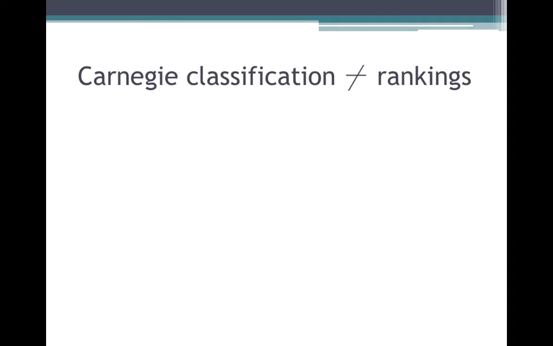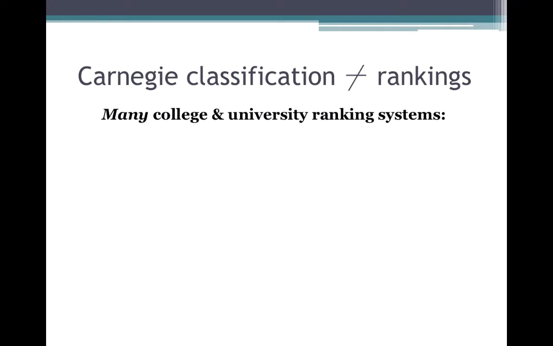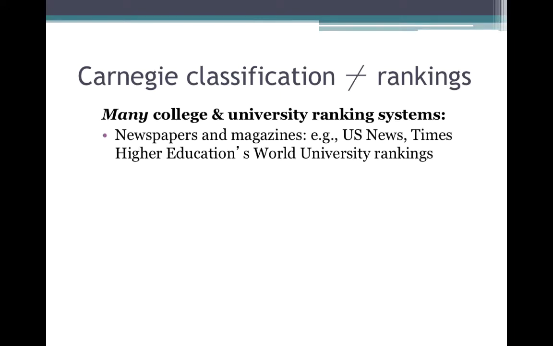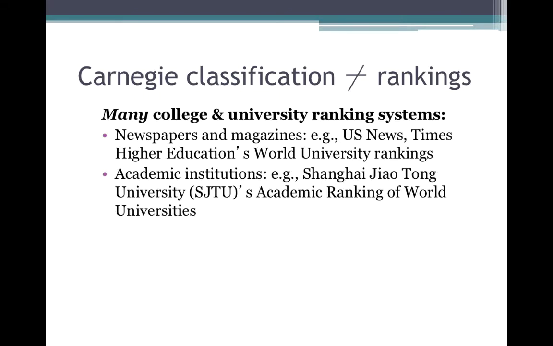So while the Carnegie Classification, again, is not intended to rank colleges or universities, there are indeed many systems in place that purport to do just that. They've been devised by newspapers and magazines across the country and the world, indeed. Some examples are on the screen, as well as by academic institutions.